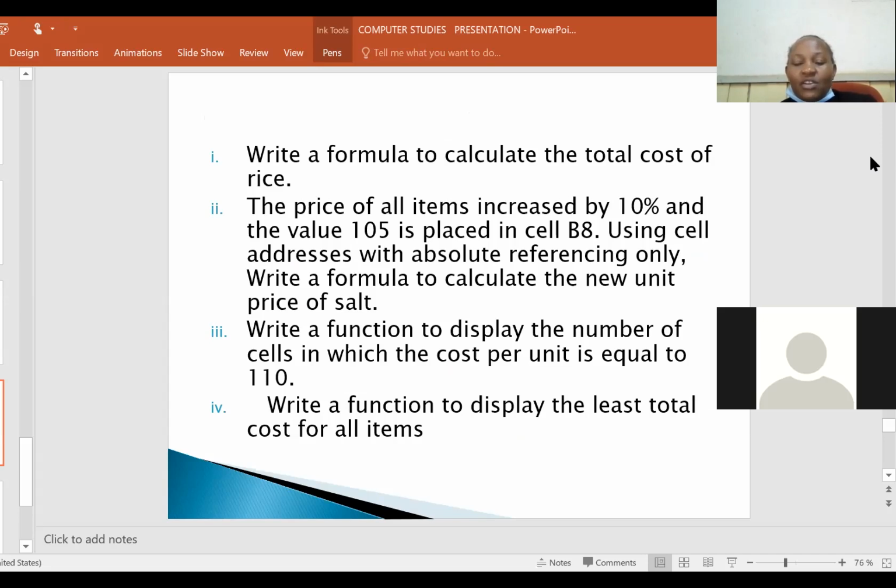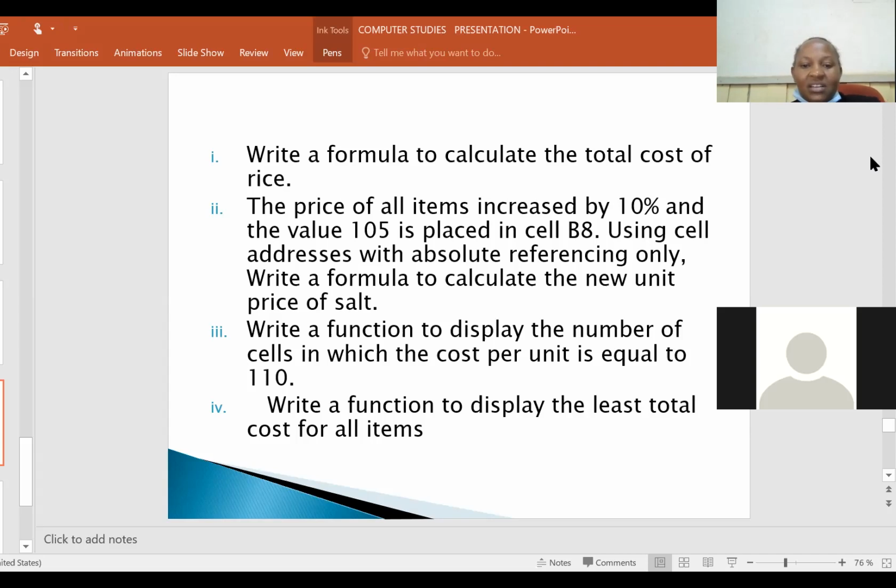So where the value 10% is placed, if you are using that one in your formula, it's going to be absolutely referenced. The others are going to be relatively referenced. Whatever is to be absolutely referenced should be absolutely referenced, and whatever is relatively referenced should be relatively referenced.